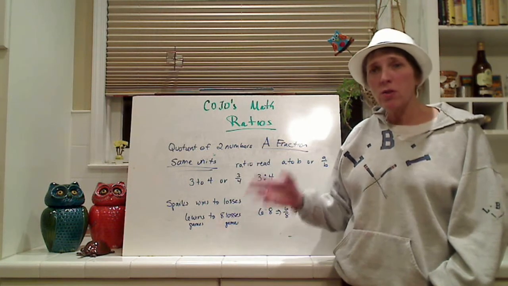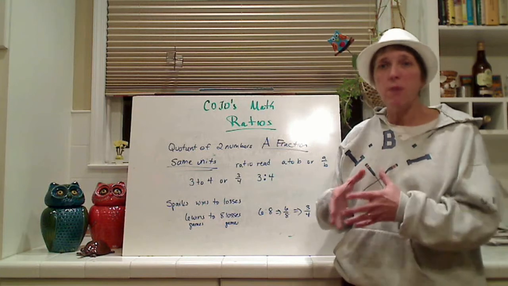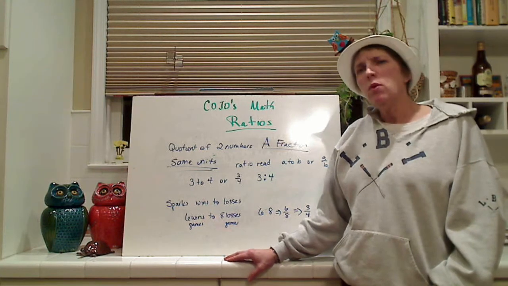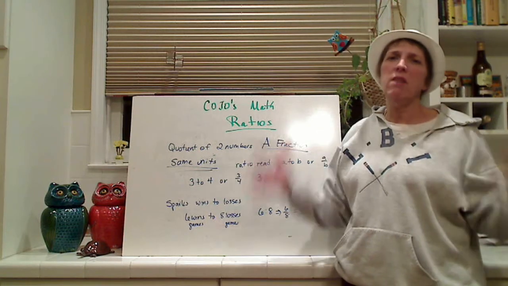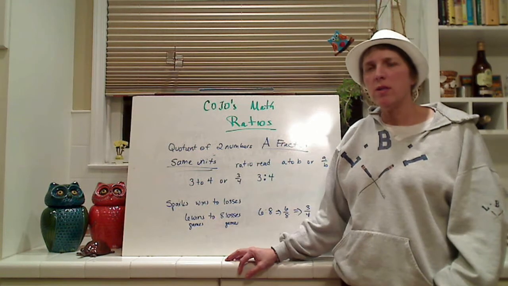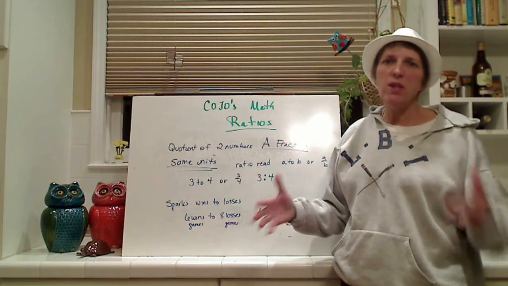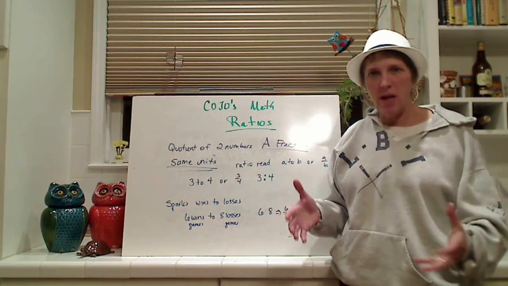So you read ratios as 3 to 4 because you're putting something together, like a fruit basket. You want it to be colorful. The boss tells you he wants, for every 3 apples, 4 oranges, and he wants you to fit as many as you can as long as you keep that combination.